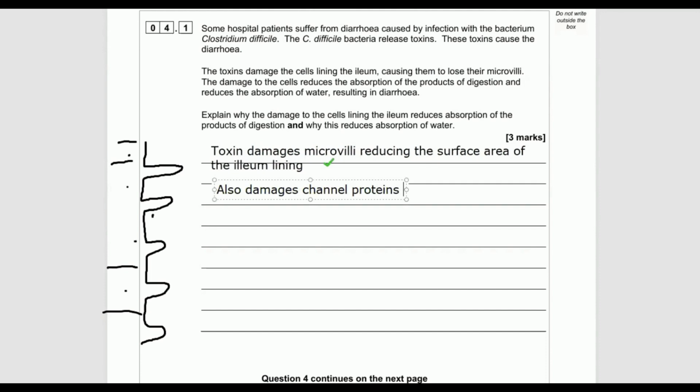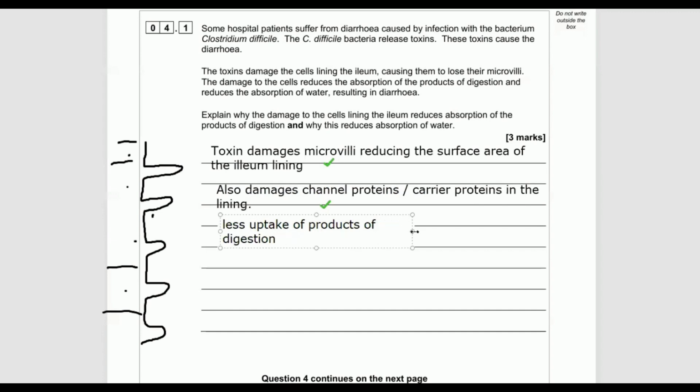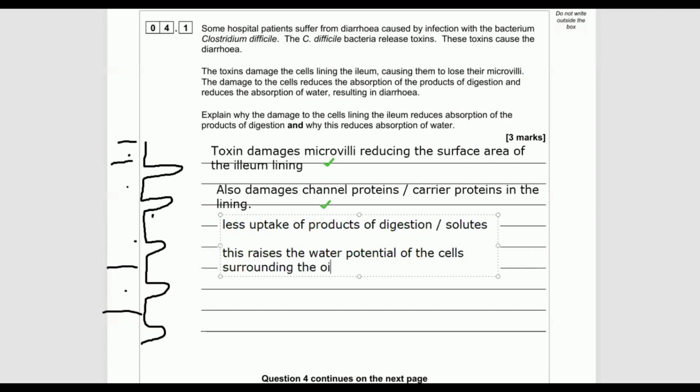We also have potentially protein channels or protein carriers damaged, things like aquaporins, things like your glucose-sodium co-transport proteins. All of these things could be damaged. All of this results in less uptake of solutes, of the products of digestion. So less glucose, less amino acids, less fatty acids being taken into the cells lining the lumen of the ileum.